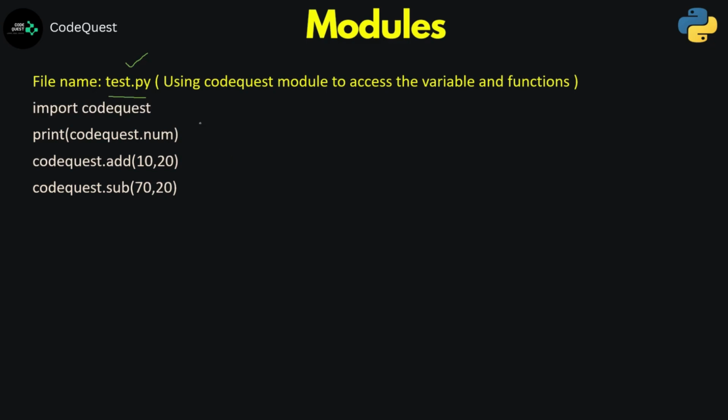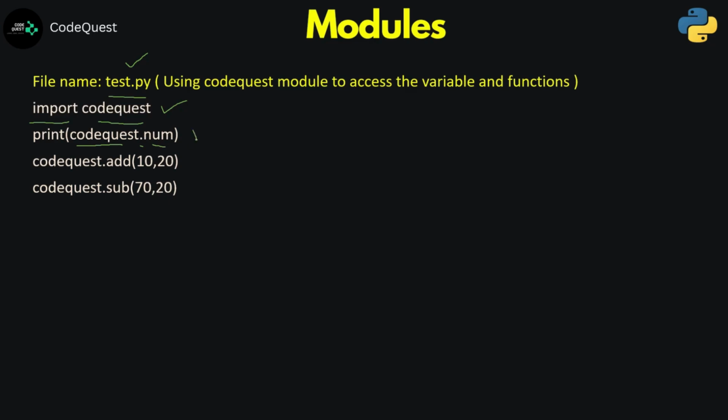Because I need the members of codequest in my program, the very first thing I have to do is import that module, using the import keyword followed by the module name. Once I have written this, logically all the members of this module are available in our program. But in order to access those members, my syntax says I should start with the name of the module followed by a dot and then the member.